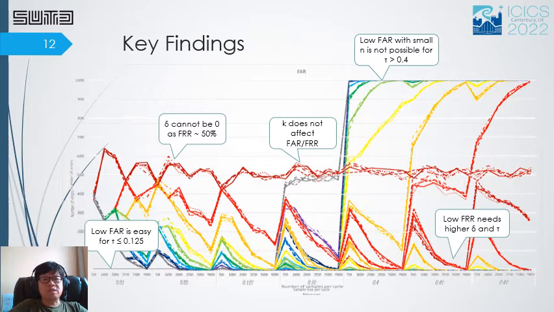For noise rates above 0.4, we cannot find low FAR with practical sample sizes. 4. The authentication window delta cannot be 0, as FRR is 50% regardless of the other parameters. And for 5, for low FRRs, we need a higher noise rate, higher sample sizes, and larger deltas.